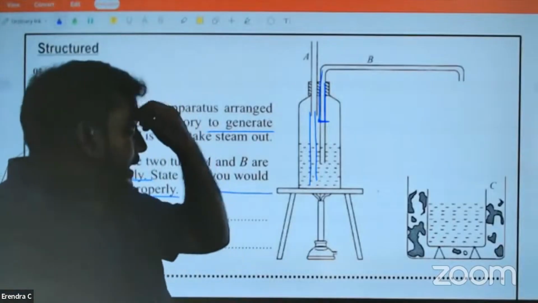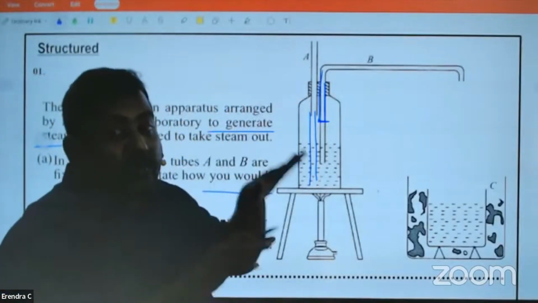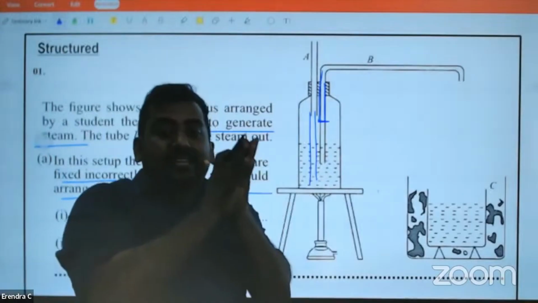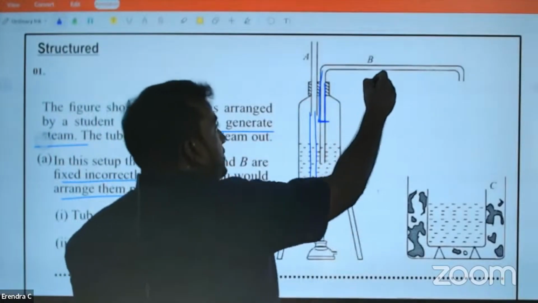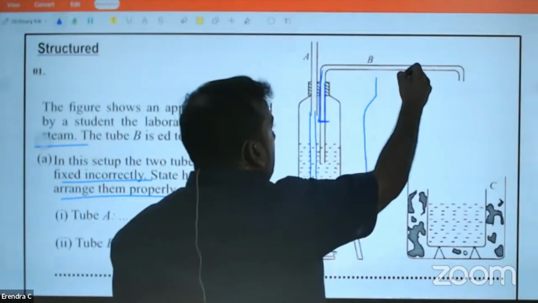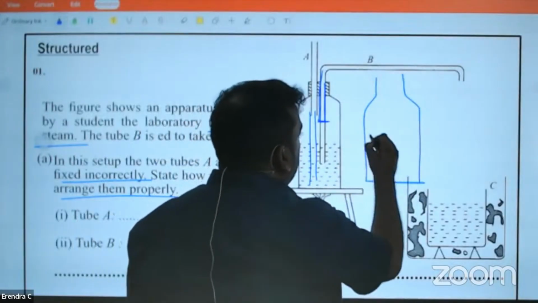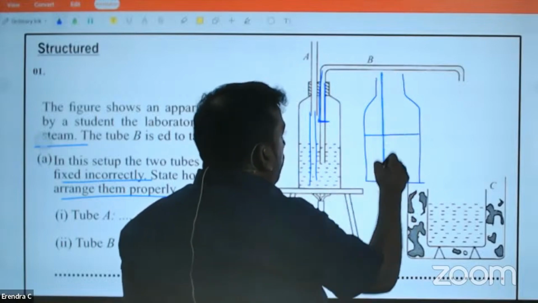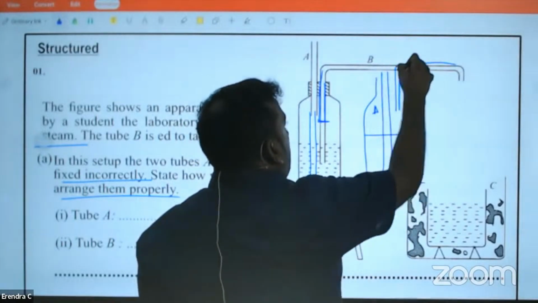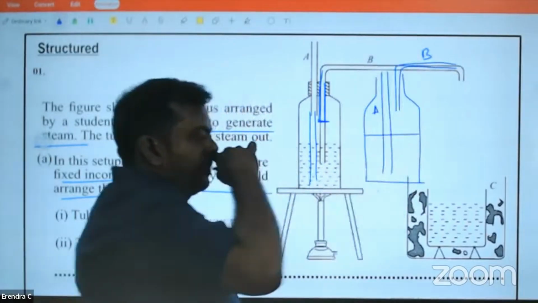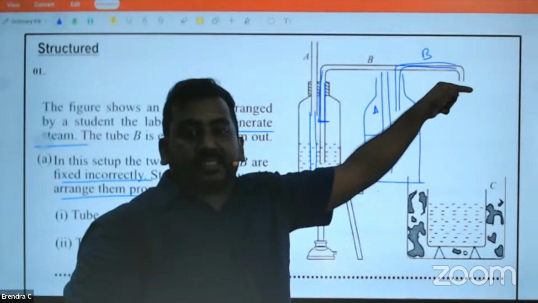This tube is to regulate pressure. When the steam increases, actual inside steam pressure will increase. So if I draw this, tube A should go underwater, tube B should be outside like this. So B will take steam.